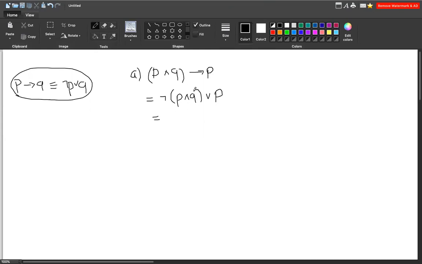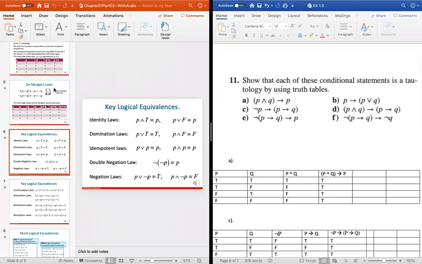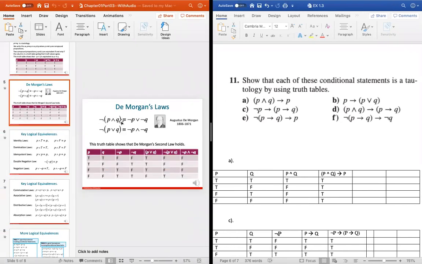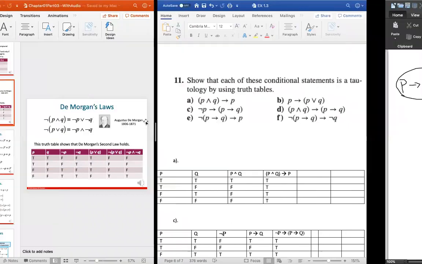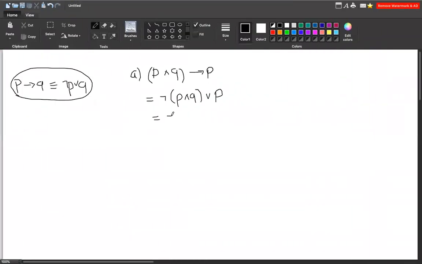Now we apply De Morgan's law. De Morgan's law is over here. So negation of P and Q is negation of P or negation of Q. Then we have this or P here as well.